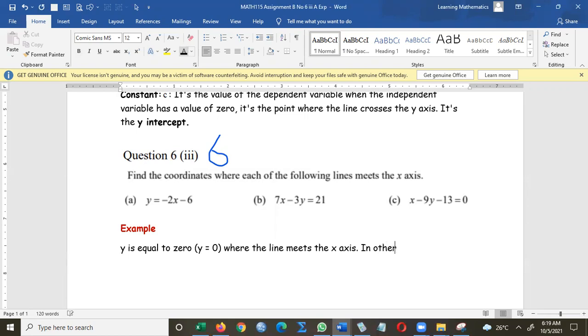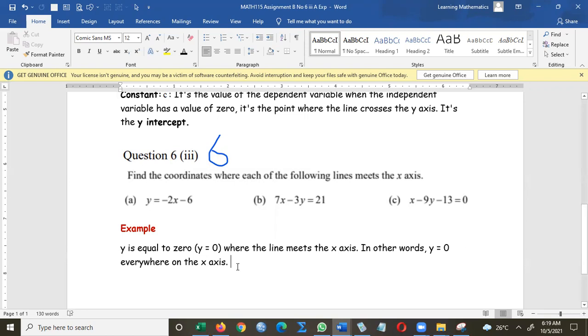In other words, y is equal to 0 everywhere on the x-axis. Okay, so please take note of that.